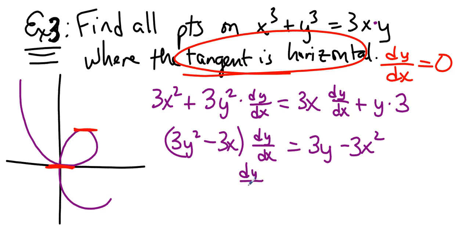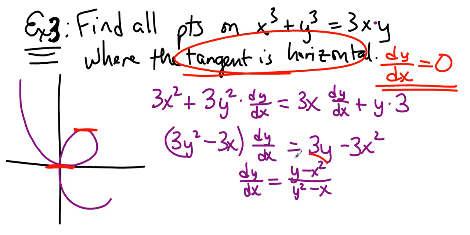And then we divide. Well, what happens when we divide? All the 3's cancel, believe it or not, and we get (y minus x squared) over (y squared minus x). Well, we're looking for where the slope is 0, which means that the numerator is 0, which means that y equals x squared.